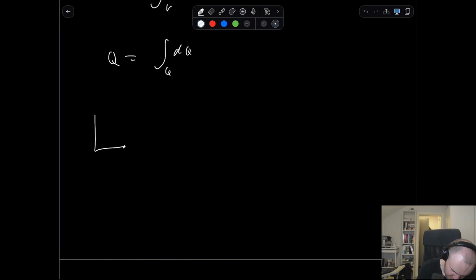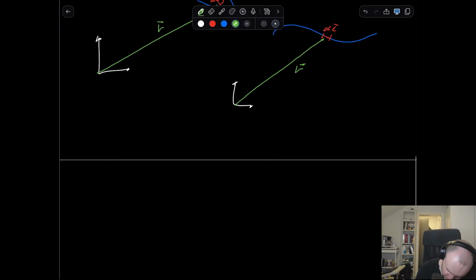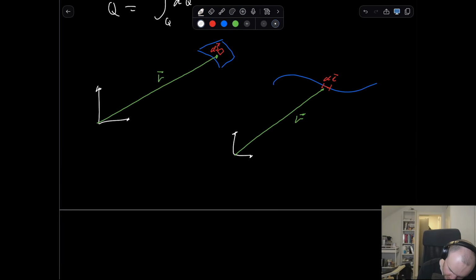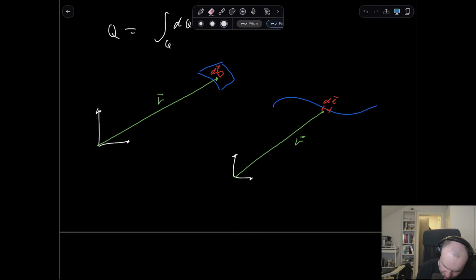So I can quickly draw those last two situations: a surface, with a small element dS and a vector r pointing to dS, and a line, with a small line segment dl and again a vector r up there. Both of these can be written.